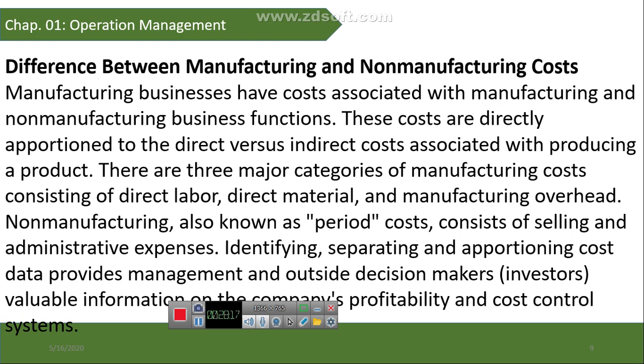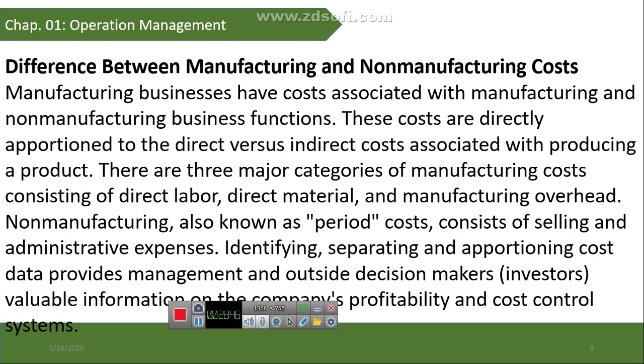Non-manufacturing costs consist of selling expense, including marketing and commission expenses and sales salary, and administration expense, such as office salaries, depreciation, and supplies. The purpose of addressing these costs separately is that they are accounted for differently in the income statement and balance sheet.